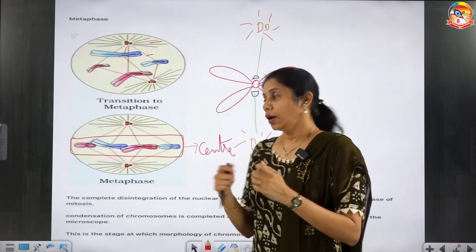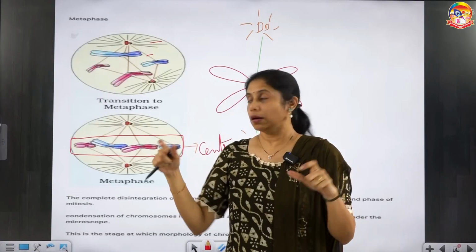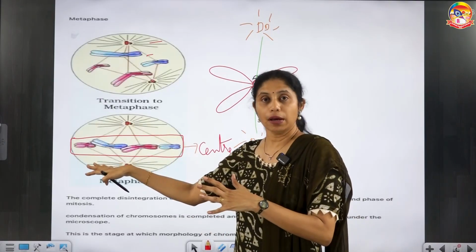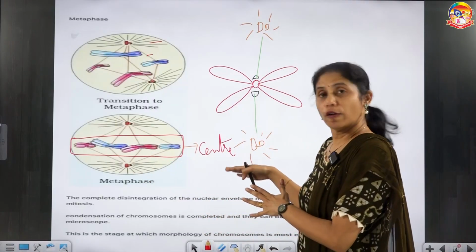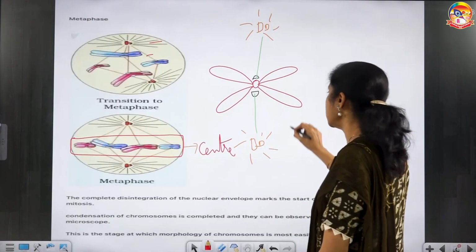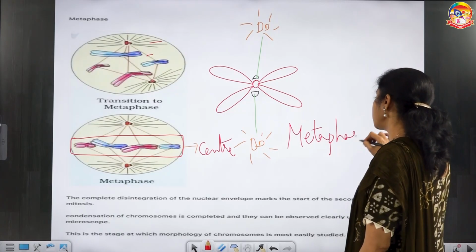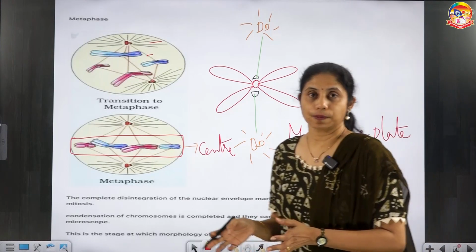Second event, by the contraction and relaxation of all these spindle fibers in the cell, all the chromosomes, however many chromosomes are there in that cell, will come and align in the center or equator of this cell. This plane of alignment of all the chromosomes in the center or equator of the cell is called the metaphase plate. Because this plate is formed in the metaphase, it is named the metaphase plate.